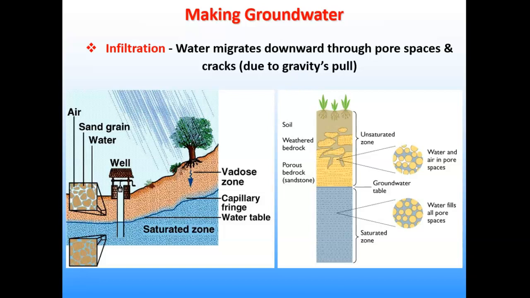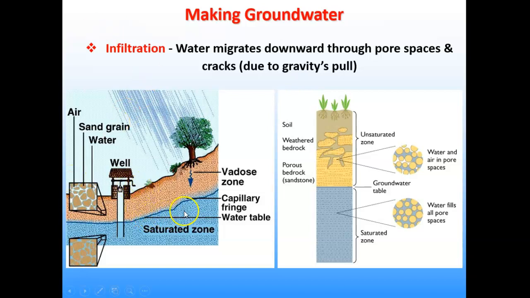Certainly there are some materials where the water hits the ground and there is no open space, and so the water flows along the surface until it can find an area where it can infiltrate, sink into the ground. And we can define the groundwater table as the point at which all the open spaces below that line are full of water, and above that line, they're not full of water.